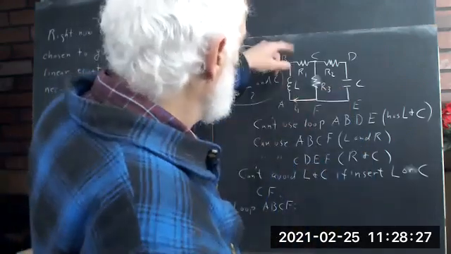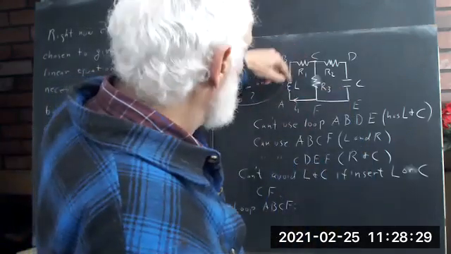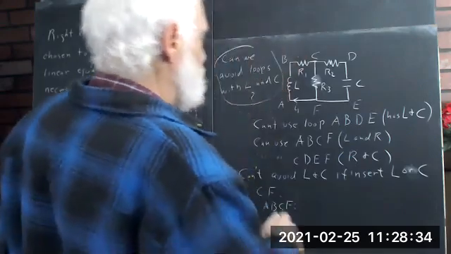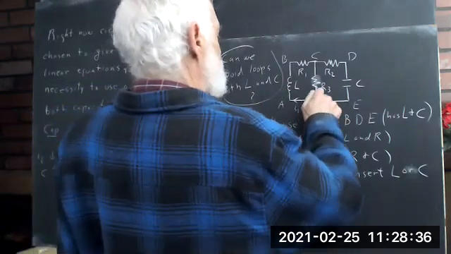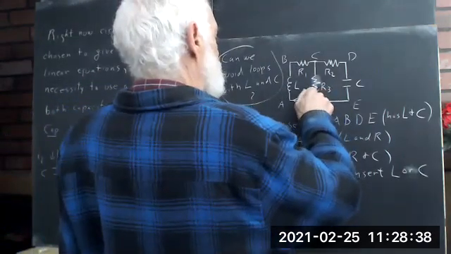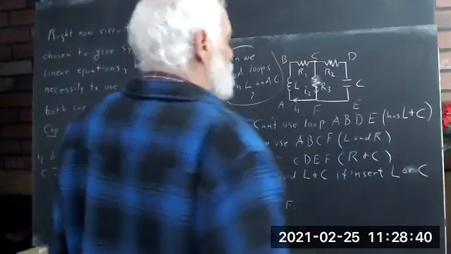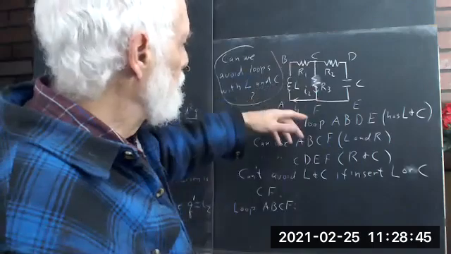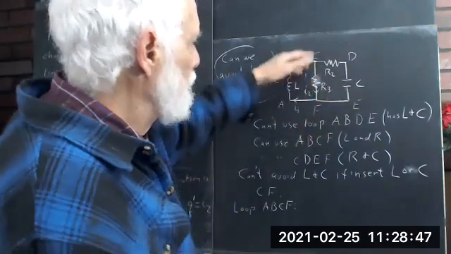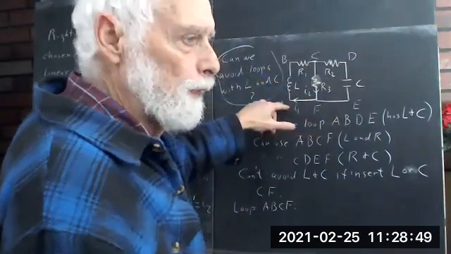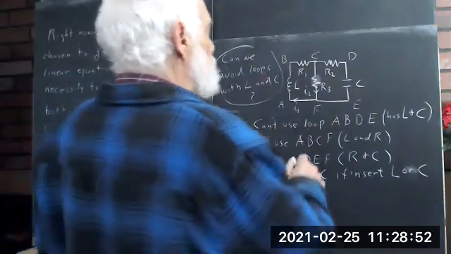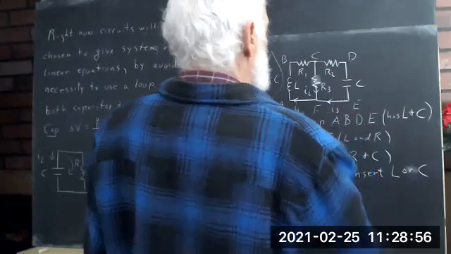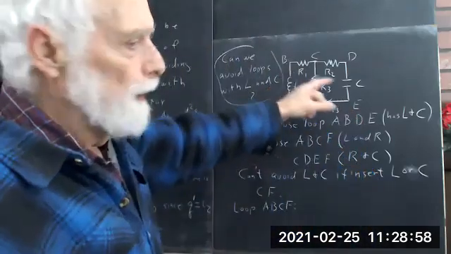In this loop, a current I1 passes through L, the inductor, and the first resistor. And then the current I2 comes down here and joins with whatever current is coming through here to form I1. And then we're going to have an I3 here. So now we've got three currents.